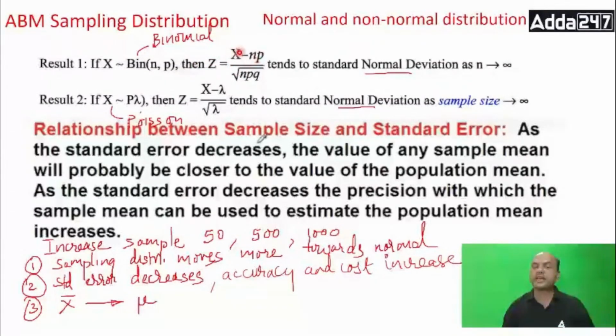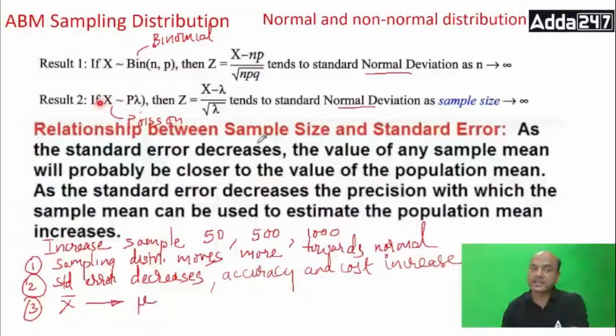Z equals X minus np upon root npq tends to be standard normal as n tends to infinity. Standard normal, kindly note. See, both the meanings are same: as you go on increasing the sample size, it becomes normal.